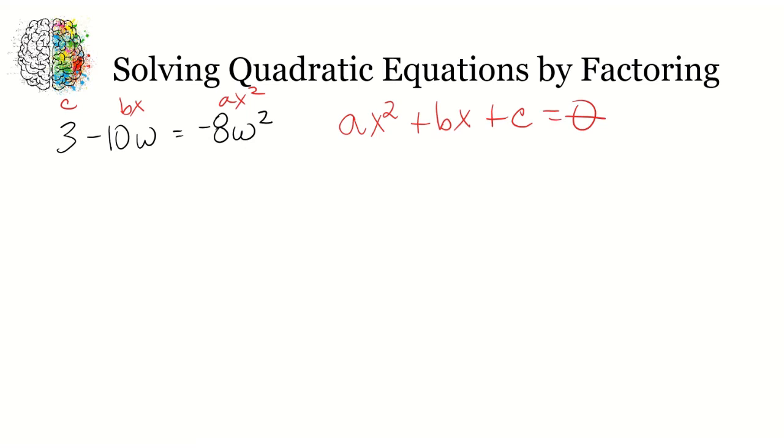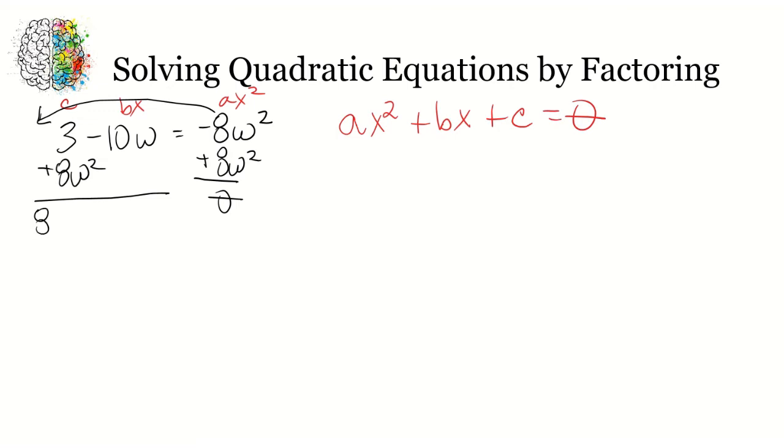So the first thing I'm going to do is add my 8w squared to both sides because I want to move this over to the left. That's going to cancel that out to equal 0. And on this side, I'm going to have 8w squared plus 3 minus 10w equals 0.